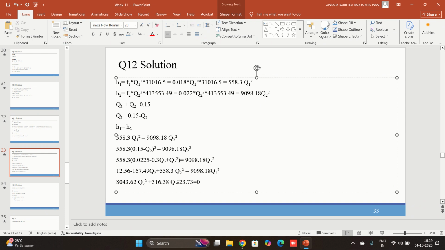So 9098.18 minus 558.3 changes to 8539.88 Q2 square. This goes that side, this also goes that side, so it becomes plus 167.49 Q2 minus 12.56 equal to 0. So now we have to calculate it.